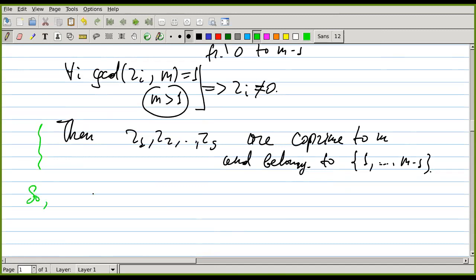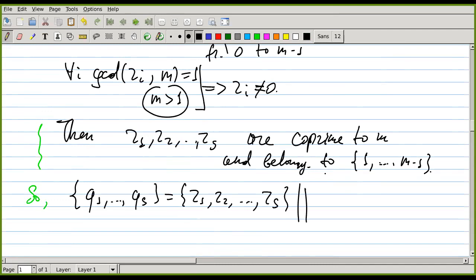So the set of all Q's and the set of all R's do coincide, they are the same. Of course, it is not necessary that they are index-wise equal.